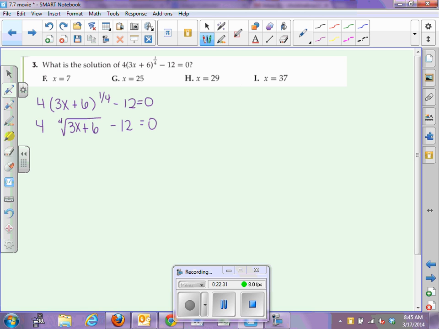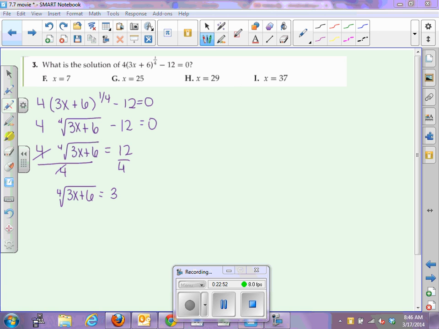So again, we're going to add 12 to both sides, and divide both sides by 4. We're going to raise both sides to a power of 4, same as the index.